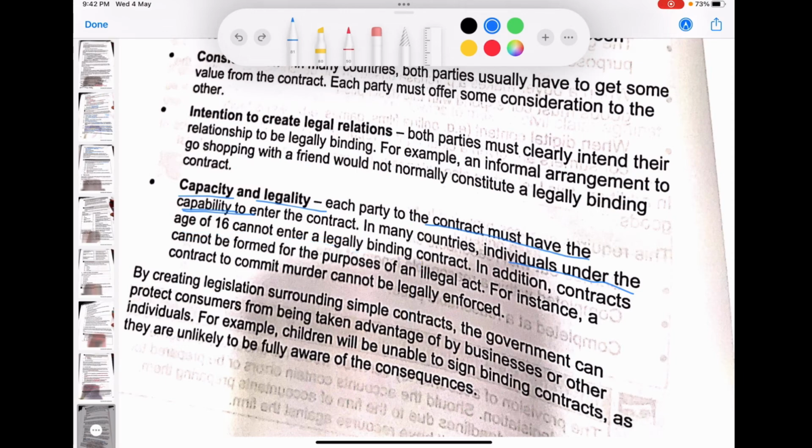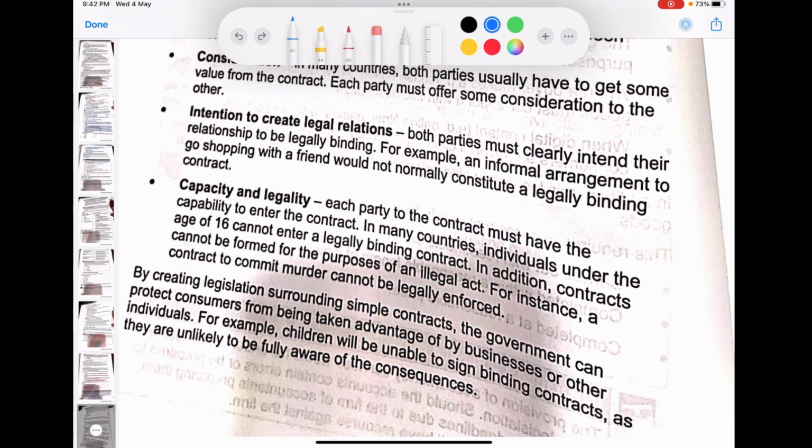In addition, contracts cannot be formed for the purposes of an illegal act, like a contract to commit murder. It is not legally enforceable. So, the contract they're making should be legal, and there should be capacity, which means they must be capable to fulfill the contract.